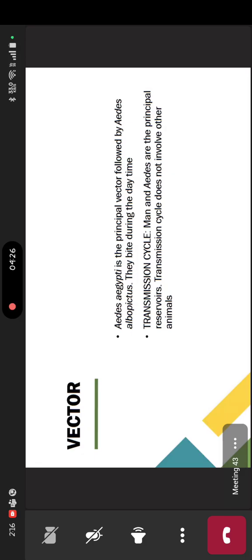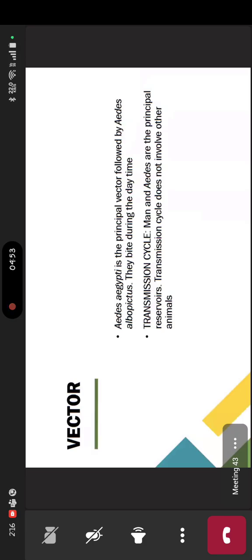Here you can see Aedes aegypti, and the second one is Aedes albopictus, right? So we have two mosquitoes, Aedes aegypti and Aedes albopictus. These two are the principal vectors, which help in the transmission of dengue from one person to another, or from mosquito to human beings, right?